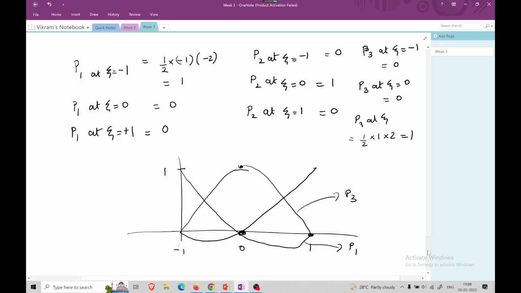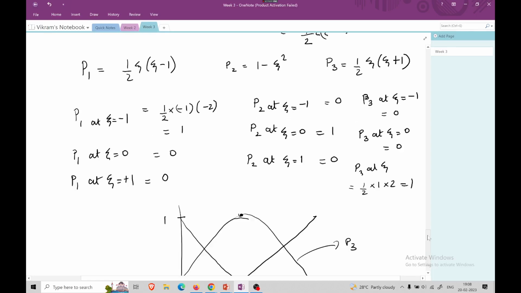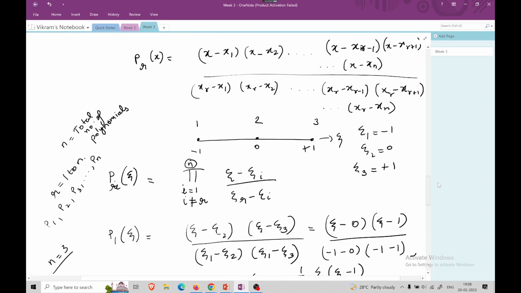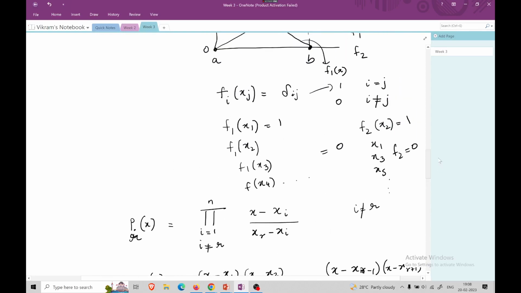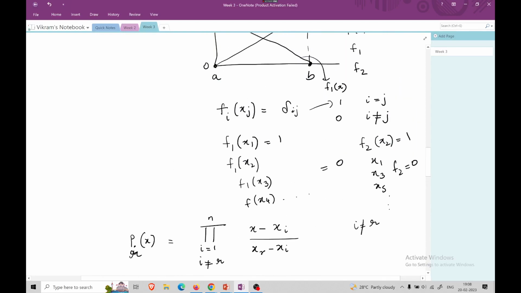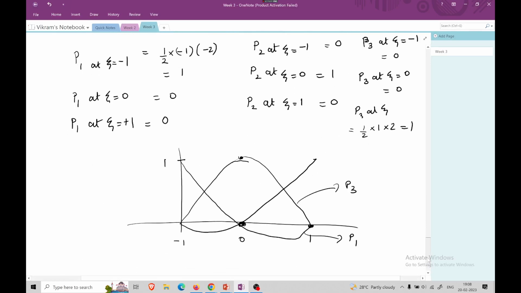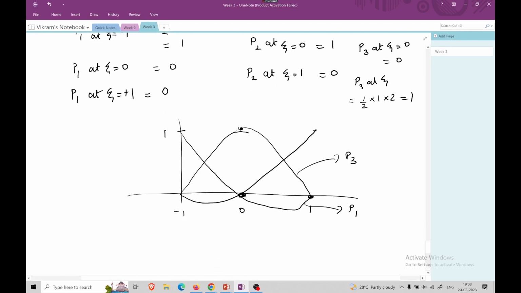Again we saw previously that f1 will be 1 only at x1, and at all other points it will be 0. Similarly here, P1 is 1 at the first point. So point 1, point 2, point 3, with coordinates minus 1, 0, plus 1.